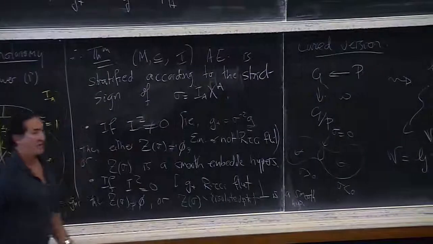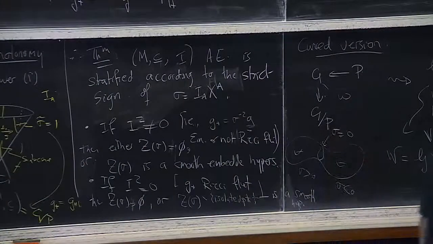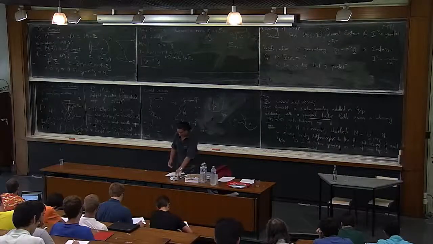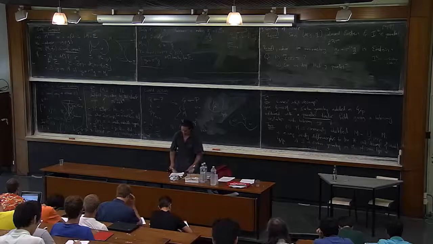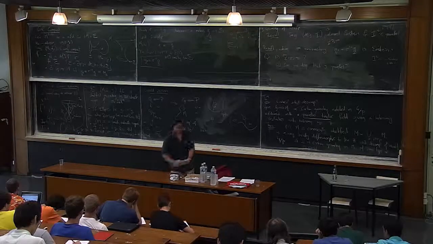Okay, so there are isolated points where things can go wrong because that's what happens in the model. But away from those, when you remove those isolated points, then you get a smooth hypersurface.